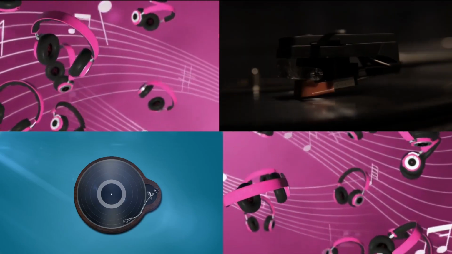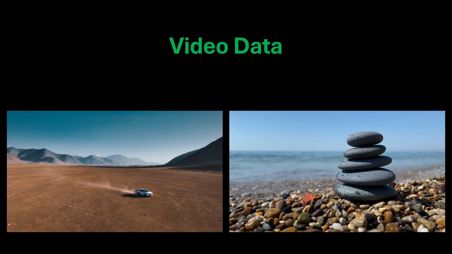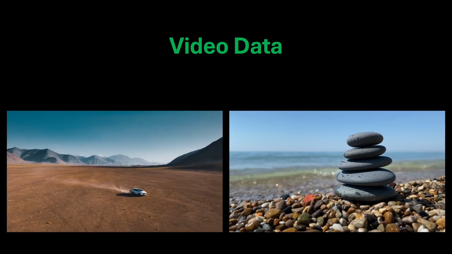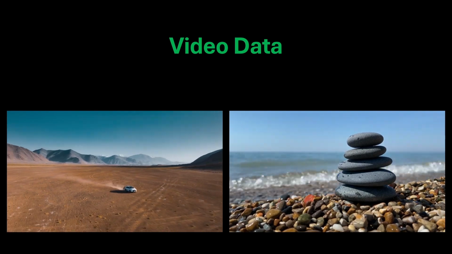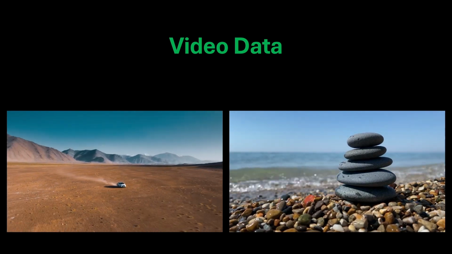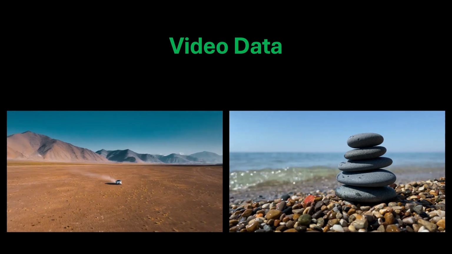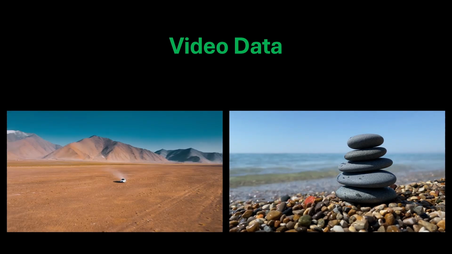All these are audio data. Video data. Of course, YouTube is a great source of video, and there is a lot of video data available everywhere. So data from drones, various sources of video data.